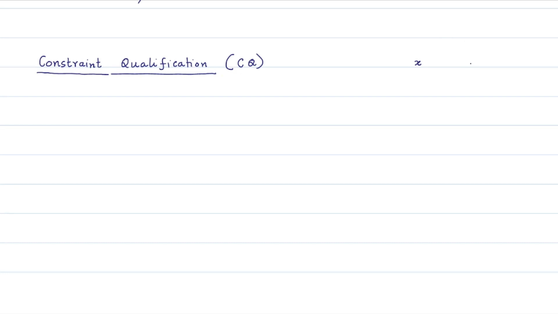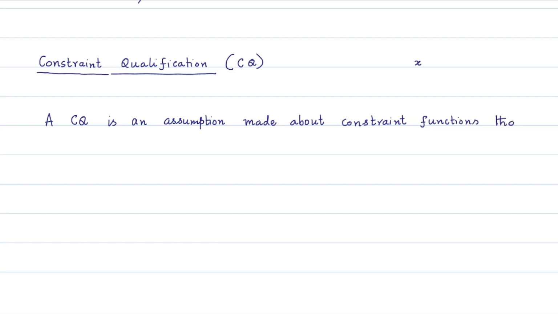Constraint qualifications are basically assumptions on the constraint functions, that is on the functions g_i's and h's, that when satisfied at a local minimizer, ensure that the local minimizer must be a stationary point of the Lagrangian function, or that the local minimizer is a KKT point.